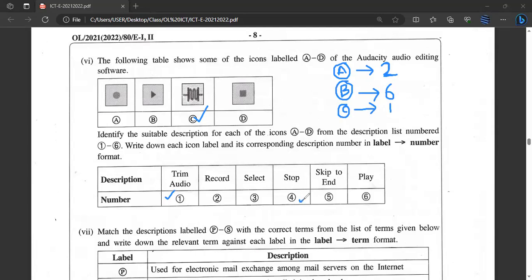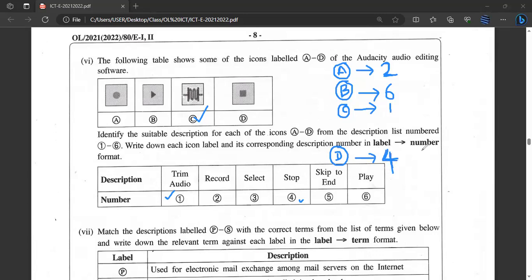So the number is 4. D is stop. So for D, the number is 4.